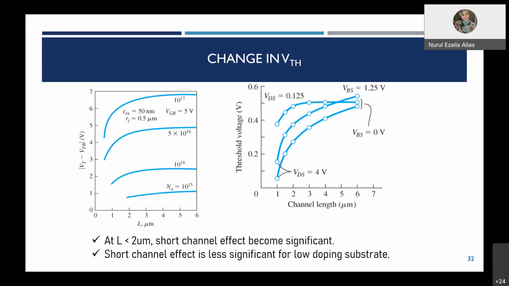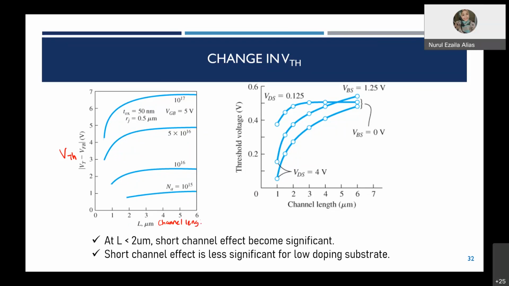So now the threshold voltage change. Let's see. From here, the left figure is the threshold voltage versus channel length for various substrate dopings. As you can see, this is the threshold voltage and this is the channel length.